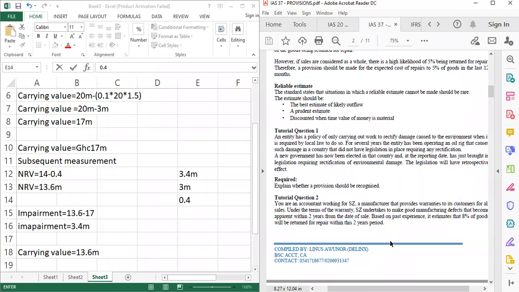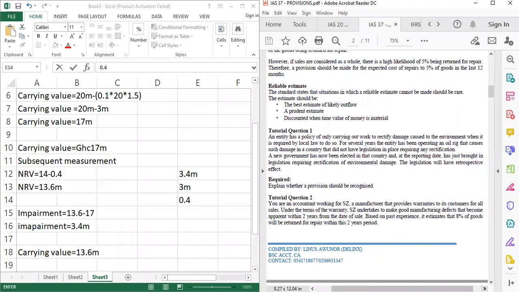A new government has now been elected in that country, and at the reporting date has just brought in legislation requiring rectification of environmental damage. The legislation will have retrospective effect. Explain whether a provision should be recognized. Should we recognize a provision?